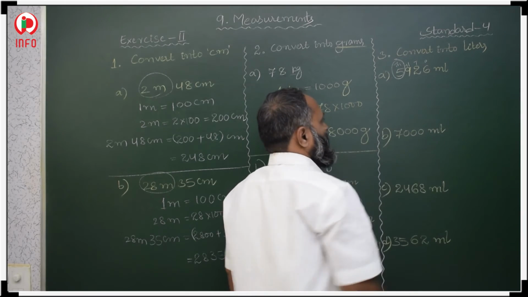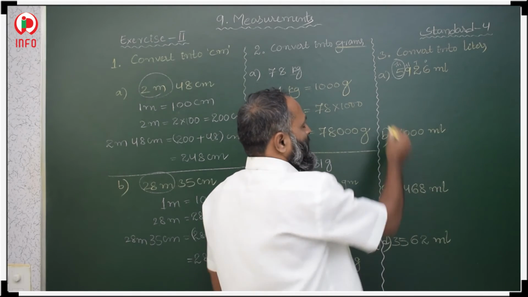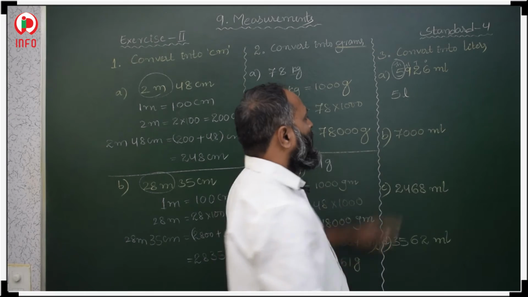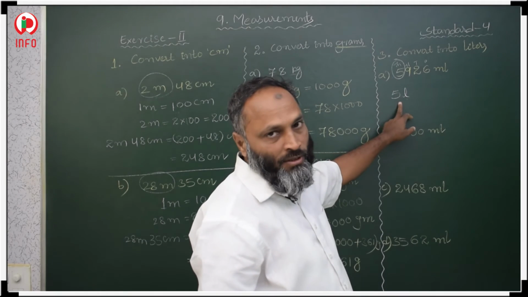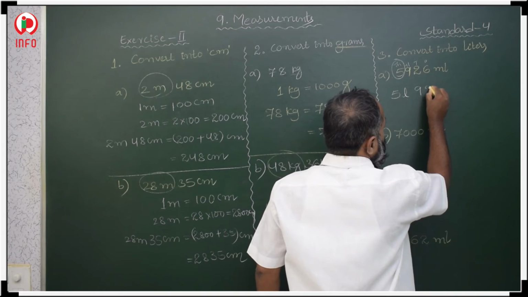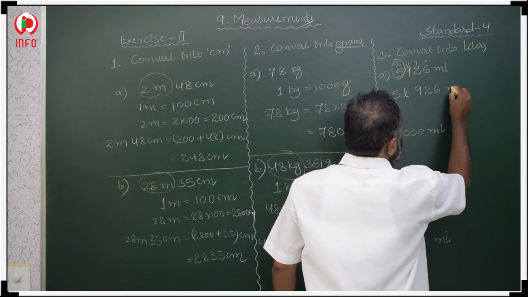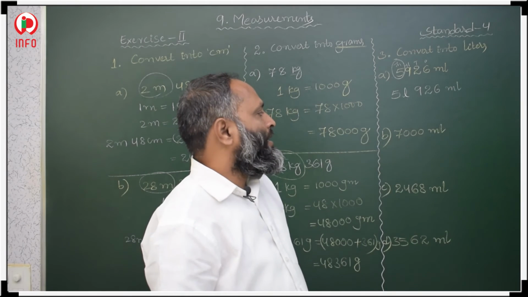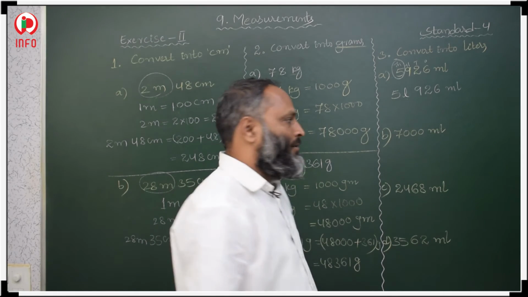Whatever is in the thousands place, we take as liters. 5 liters, and after that 926 milliliters.